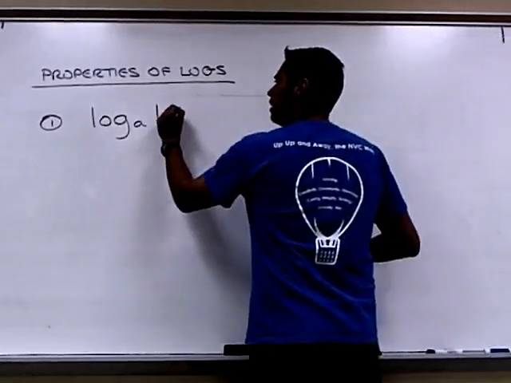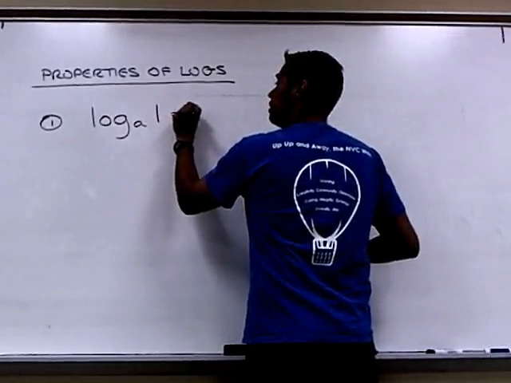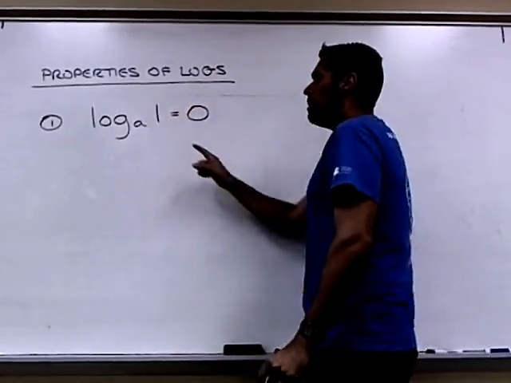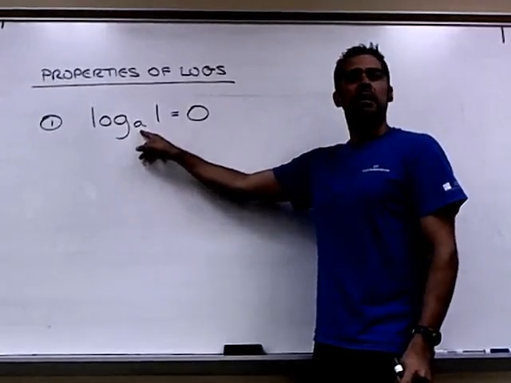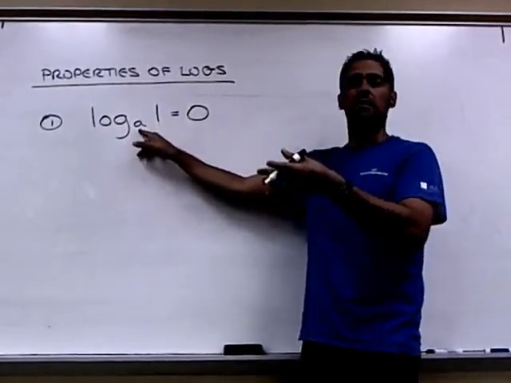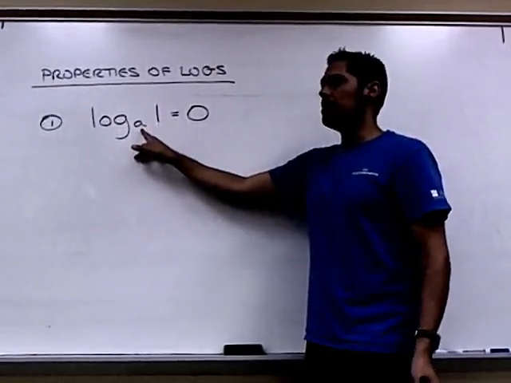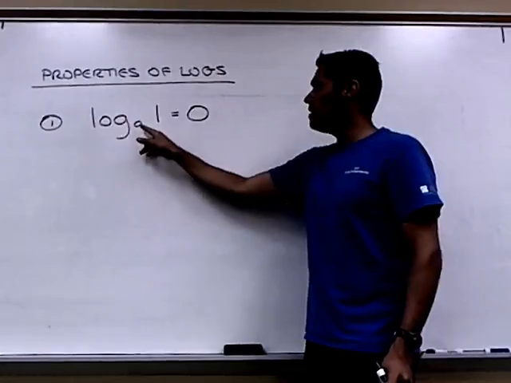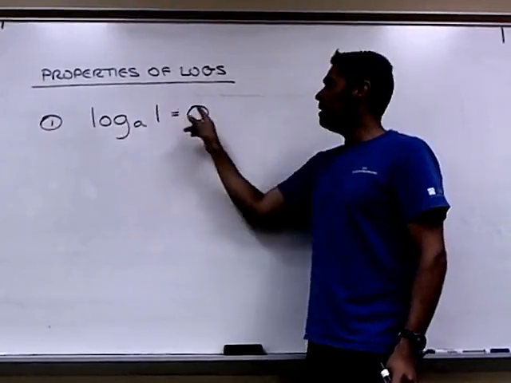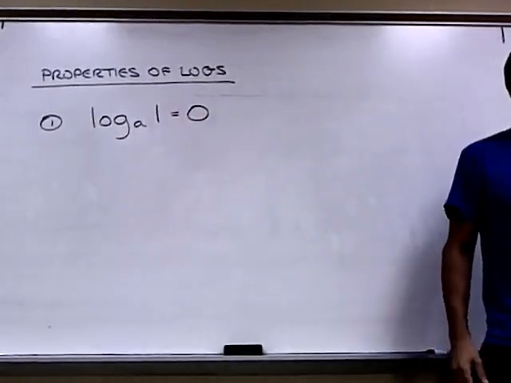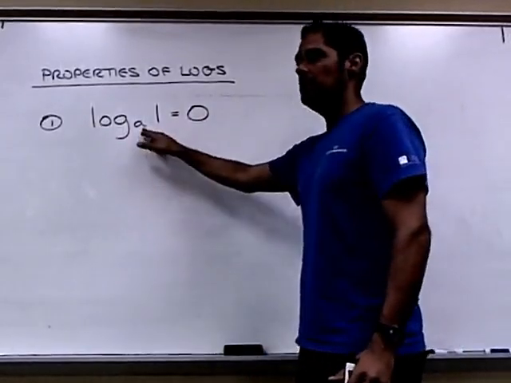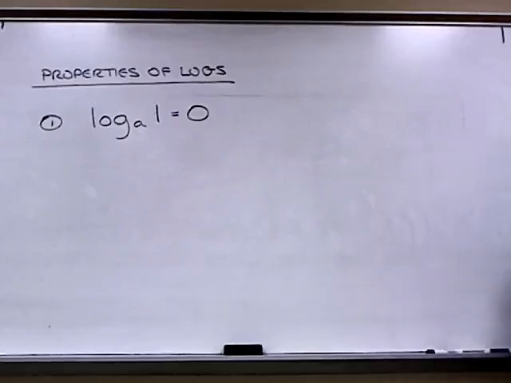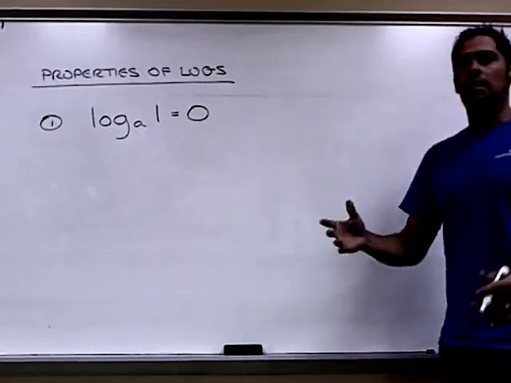So the answer here is 0, right? Does it matter what A was? That could have been a 4, it could have been a 10, it could have been a 9, right? No matter what the base is, if I take it and I write log base A and I put a 1 here, no matter what, I get 0. With me? Regardless of A. So that's a property of a log, because that means for every log, if I try and take log and plug 1 into it, I get 0.